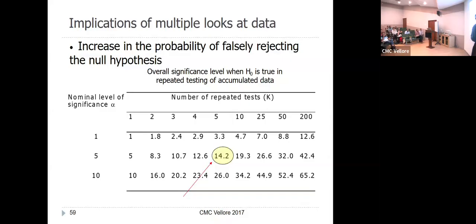If you do 5 tests, each at the 5% level, and these are correlated, they're not Bonferroni. Bonferroni would say it would be 25%. But here, because the correlation is less, it's 14%. But that's unacceptably high. You don't want an alpha that is that big. So how do you control it?